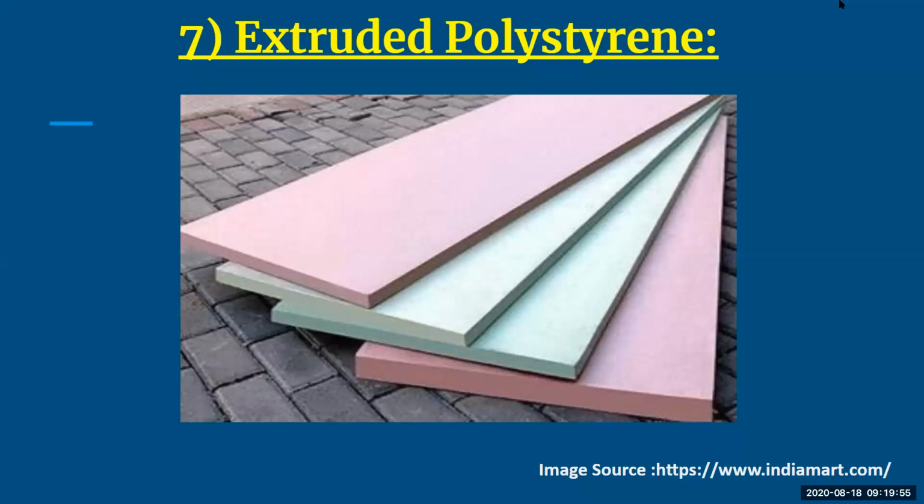All your architectural models, like buildings, are designed using extruded polystyrene. They don't come with color options, they are always transparent in nature, and the thermoplastic material helps you to design the model. The working remains the same here. You first sketch it, then you can cut it using your knife, cutter, or laser cutter, depending on the thickness you are taking.